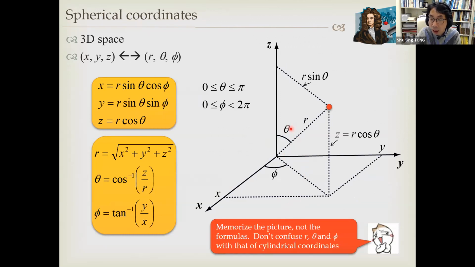You see all the advanced physics textbooks, including those in mechanics, quantum mechanics, and even quantum field theory and general relativity. They use the angle theta as the polar angle, the angle that the point makes with the z-axis, and phi always refers to the azimuthal angle. This may be different from some of the mathematicians' definition, but physicists always use the angle theta and phi this way in the spherical coordinate.